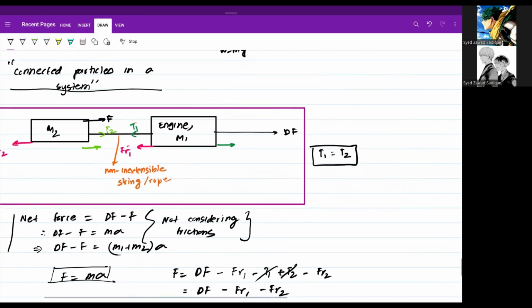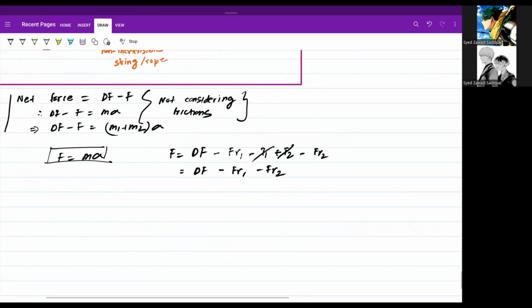By the way, some of you might wonder what this F refers to. This F refers to F equals T2 minus friction. This is that F.